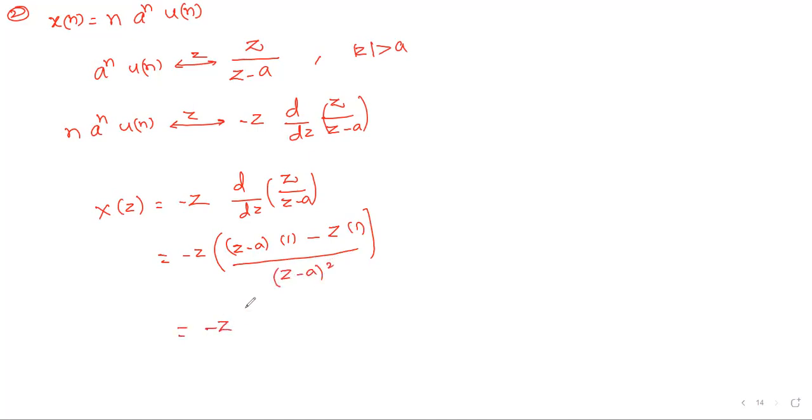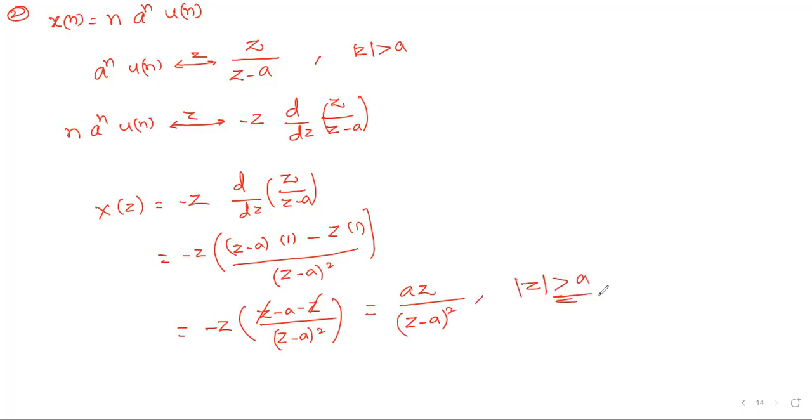We get minus z into (z minus a minus z) by (z minus a) whole square. The z will cancel, giving minus z into minus a, that is a z divided by (z minus a) whole square. What is the ROC? Mod z is greater than a. So there is no change in ROC for multiplication by n in the time domain.